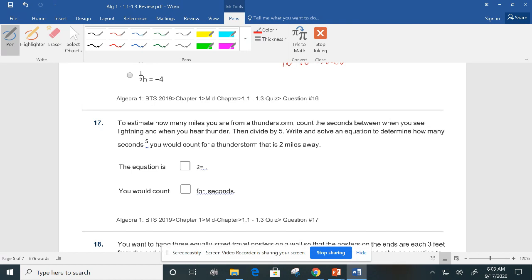So the equation is going to be 2 is equal to S over 5.